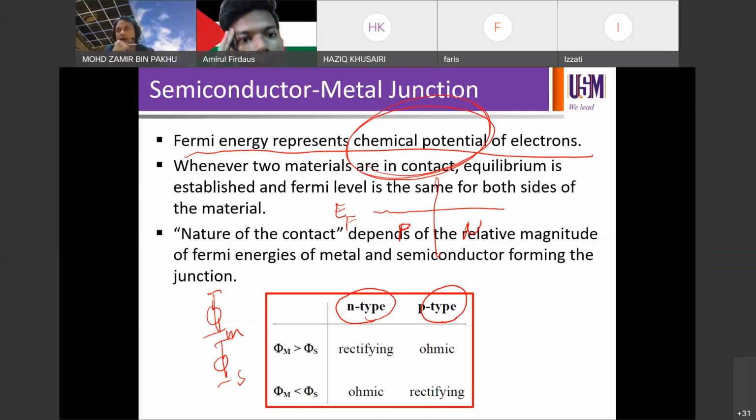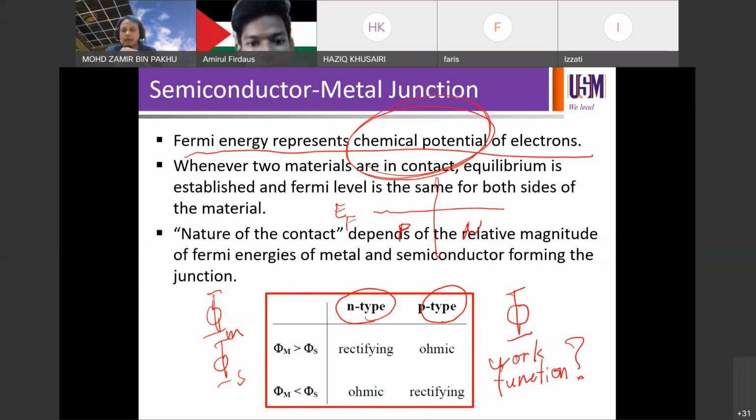What is work function, by the way? Have you learned it already, in quantum mechanics or modern physics? What is work function? Anyone? A brief definition. Did you learn about the photoelectric effect last time? Okay, Shreya said minimum energy for the photoelectric effect.